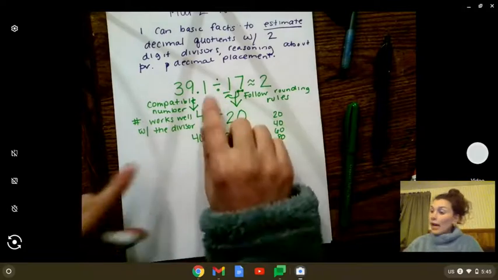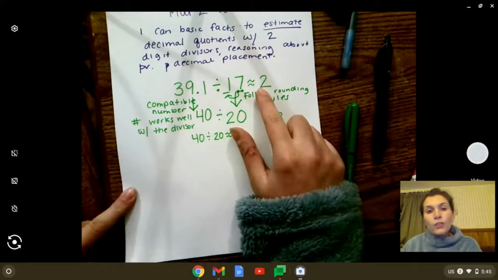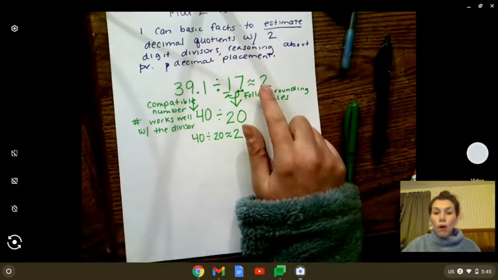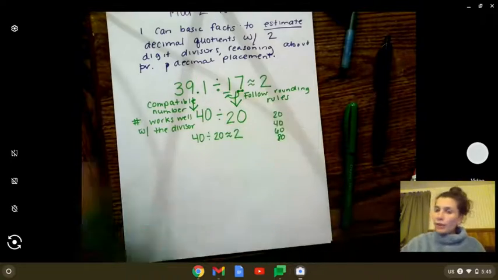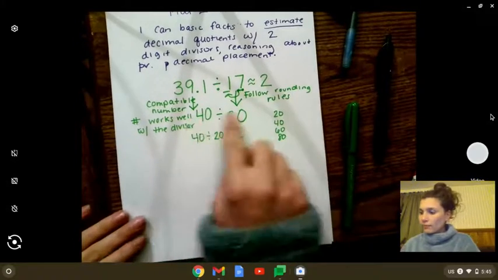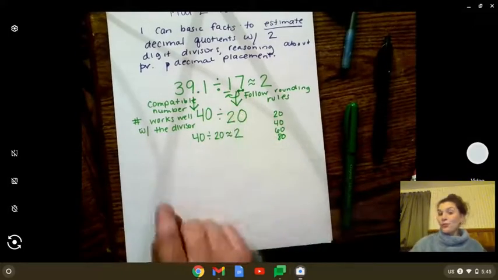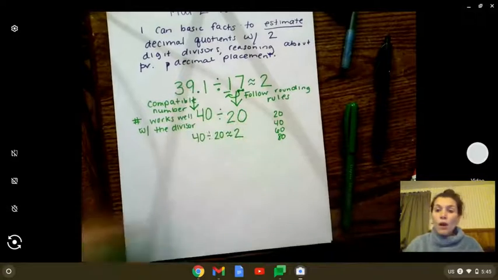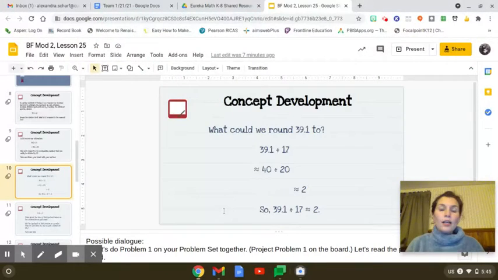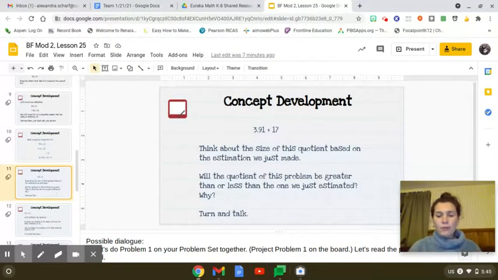Because when I go to actually divide 39 1/10 divided by 17, it's actually going to be smaller or bigger than the number 2, depending on how I change my numbers. So will this fit in more times than 2? Or will it fit in less? If we made it bigger or smaller, that changes it. It also changes it because we are going to move the decimal around.